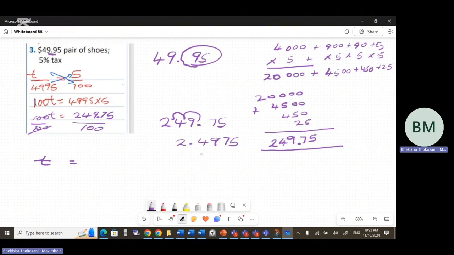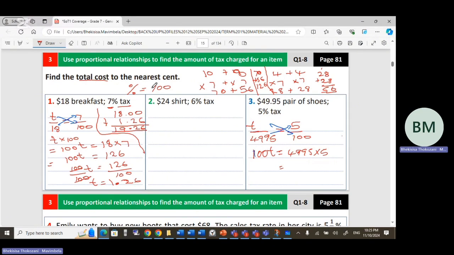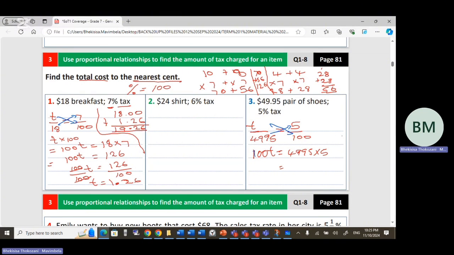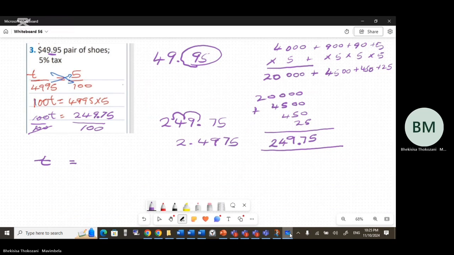475. But remember now, according to our question here, they were saying our answer must be rounded off to the nearest cent. That's very important as well. So we need to now round off this 249.